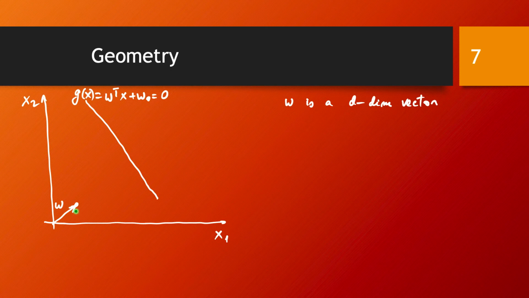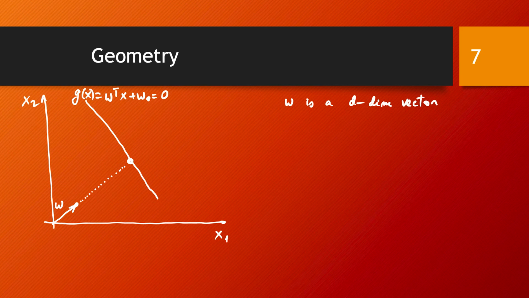And the other thing I want to discuss is about this w0, and I'm going to do it like this. If I just prolong this w so that it reaches the hyperplane, I'm going to focus on this particular point here, which is at the intersection of the extension of our vector w and the hyperplane defined by g of x equals 0.